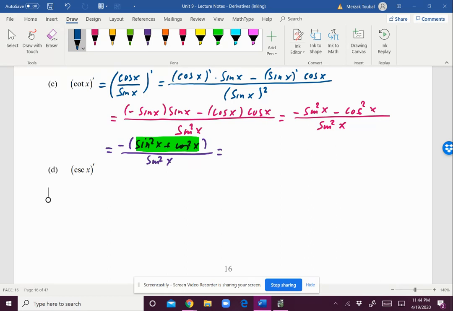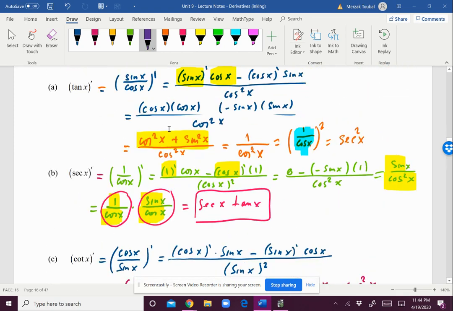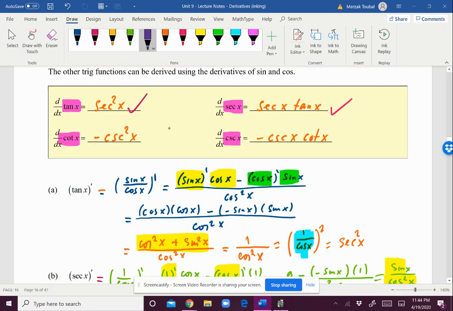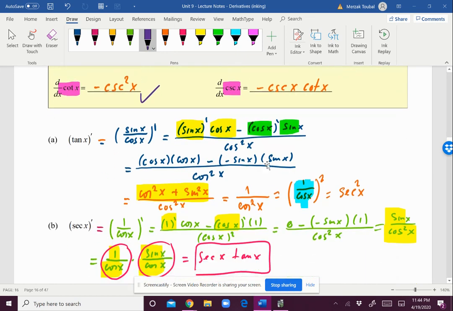So it means, don't forget the negative, so negative 1 over sine squared. And what is negative 1 over sine squared? Well, that's negative cosecant squared x. And that verifies the derivative of cotangent, which is negative cosecant squared. Let's do the last one, which is derivative of cosecant.